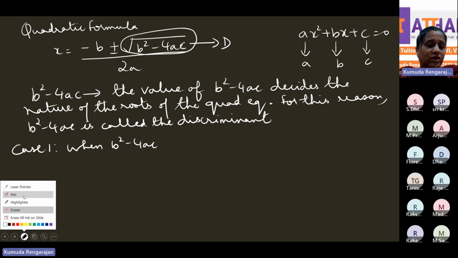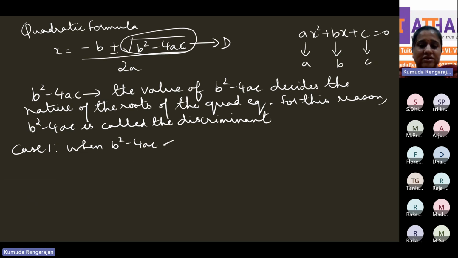When b square minus 4ac is less than 0, or in other words, d is less than 0, that is, it's negative. So square root of a negative value is not defined. It's imaginary. So the quadratic equation has no real roots.